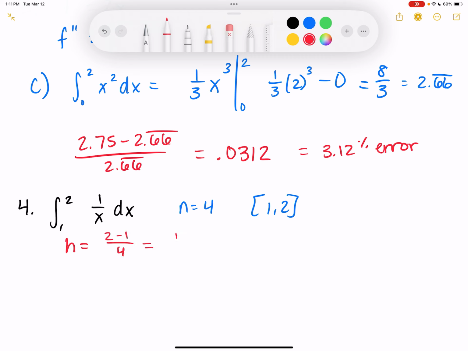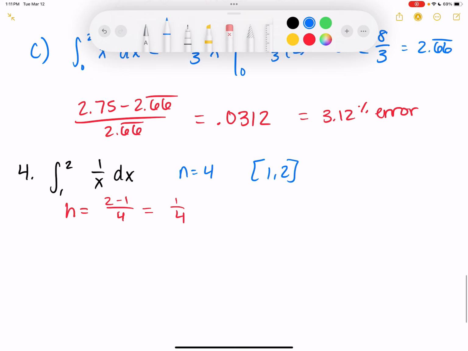So then I'm going to set up my table. The first number is 1, then 1 1/4, 1 1/2, 1 3/4 and 2. Now, it might be beneficial to think about these in terms of their improper fractions when plugging them in. It might make life a little easier.